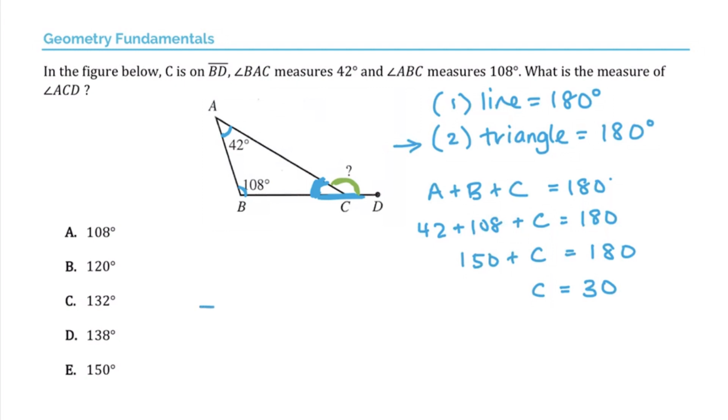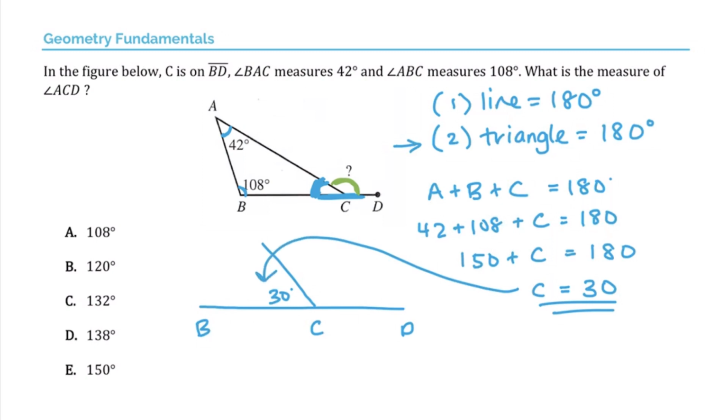So now what we have, I'm going to redraw, here's BD, and then here's point C kind of going like this. Notice I'm not drawing this to scale, but I'm going to label that we now know that that's 30 degrees, right? That's what we just figured out from over here. Now what we talked about first, of course, is that a line is 180 degrees, which means that from here to here, that purple that I'm labeling right there is 180 degrees.